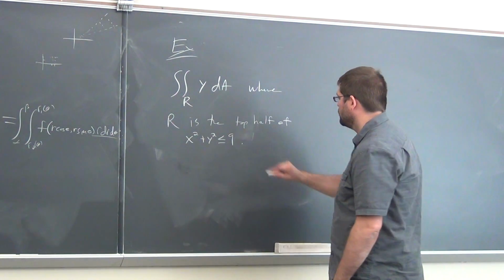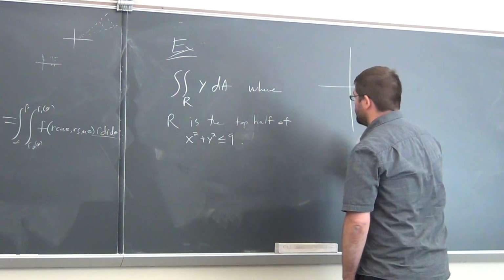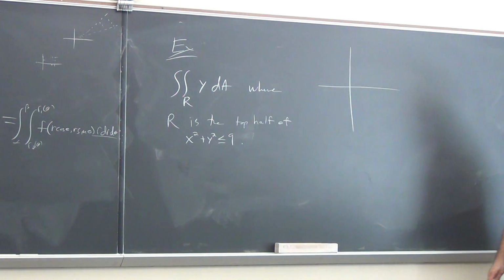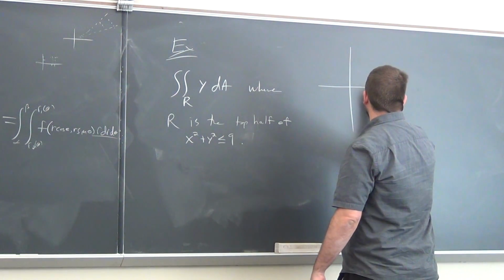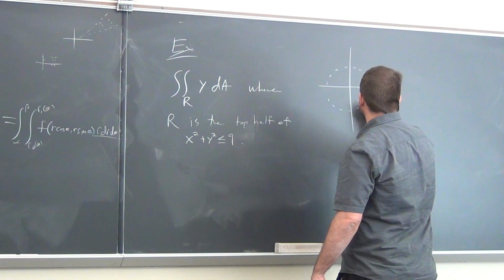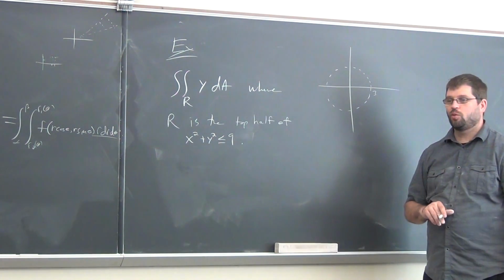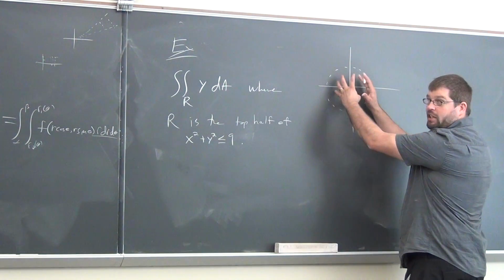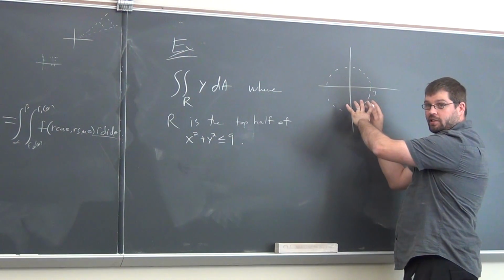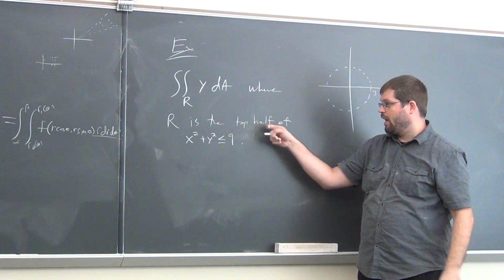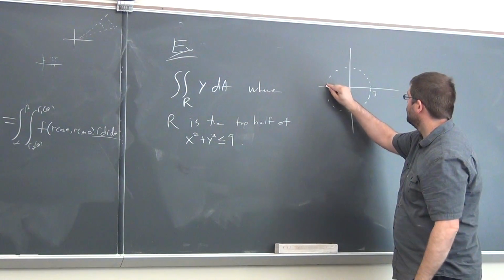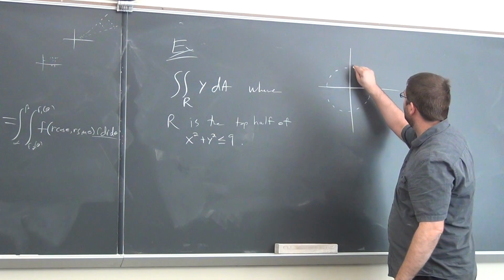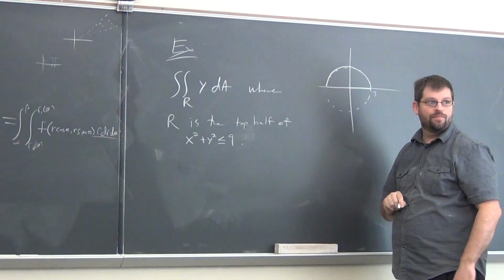Okay, so let's draw our region. So x squared plus y squared equals 9 is what? Circle. Radius 3. Okay. X squared plus y squared less than or equal to 9 is then the region inside that, right? So it's the inside of that circle. And then we say the top half. So that means we're looking at that region there. Does that make sense?